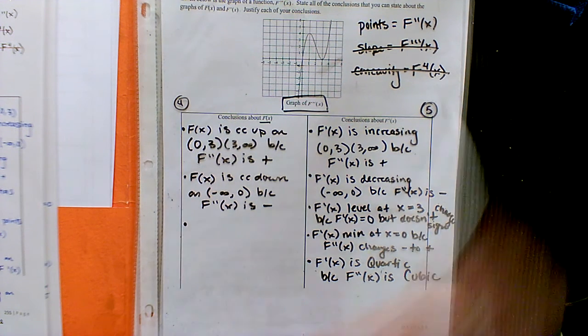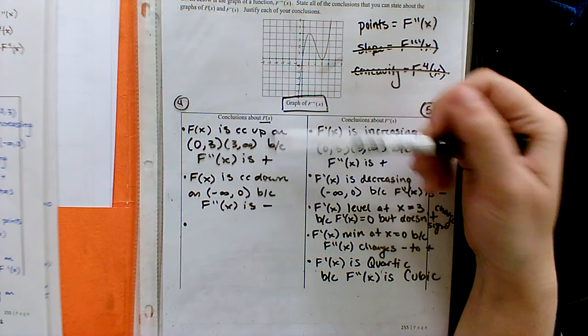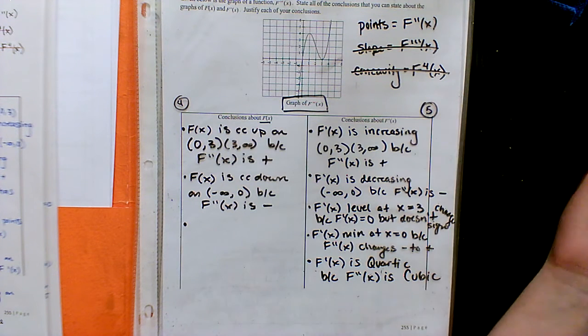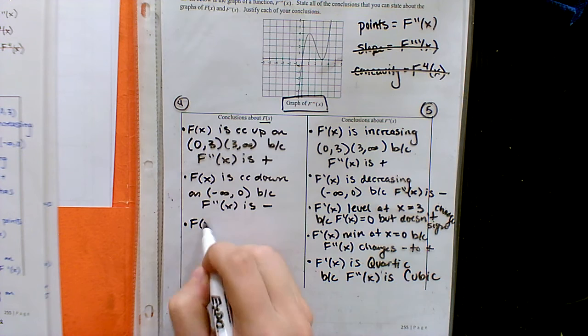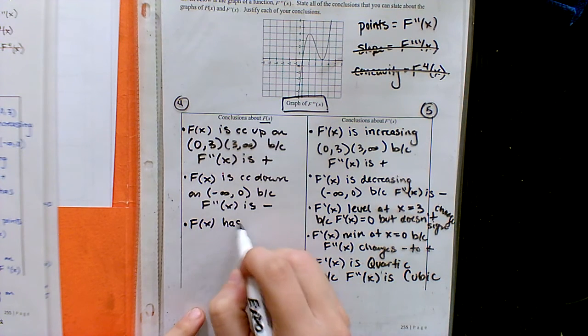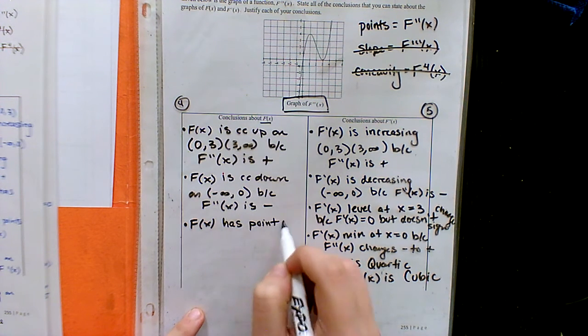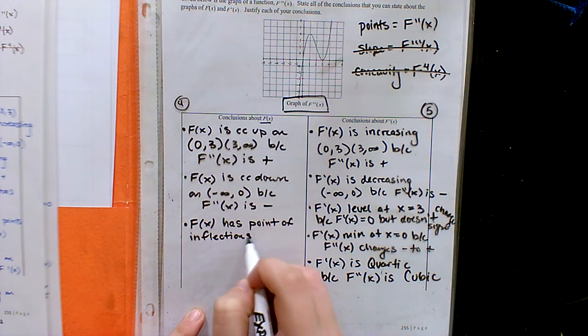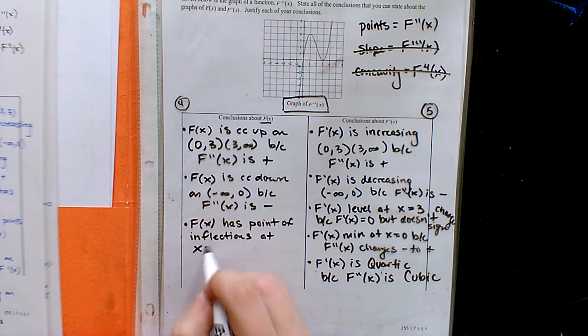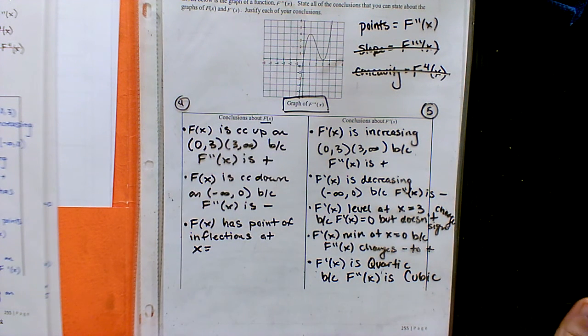If we identified concave up and concave down intervals, that must mean we have some points of inflection, because we're going to change somewhere. So f of x has points of inflection at, if you look at the intervals, where do we change concavity?